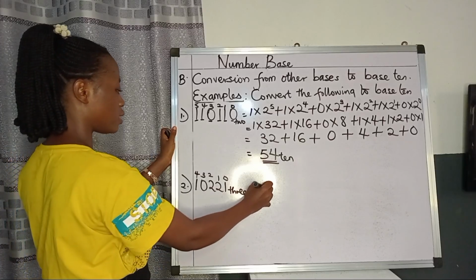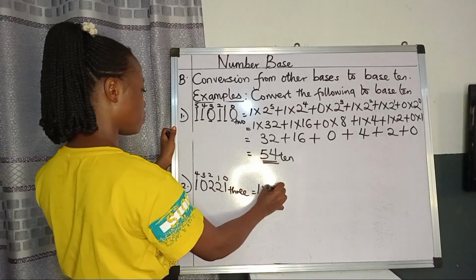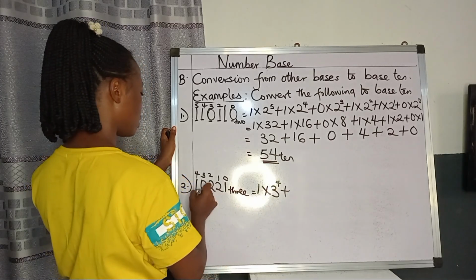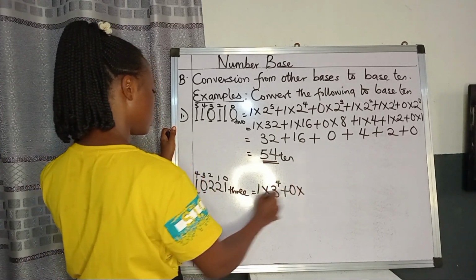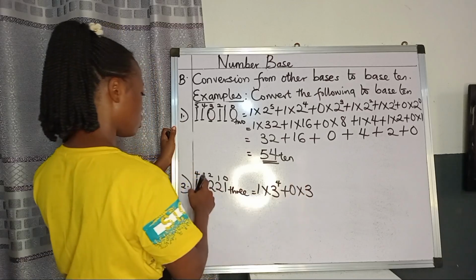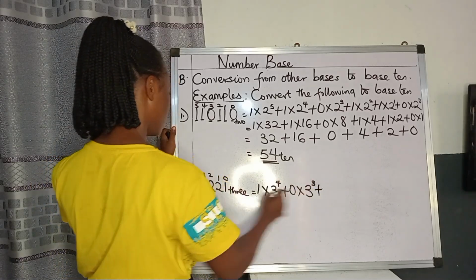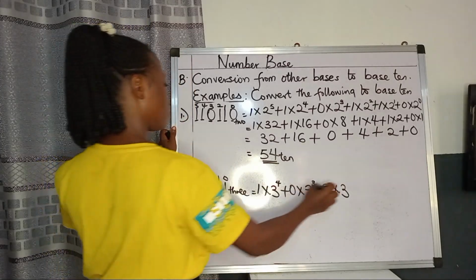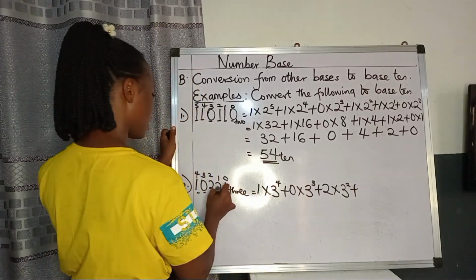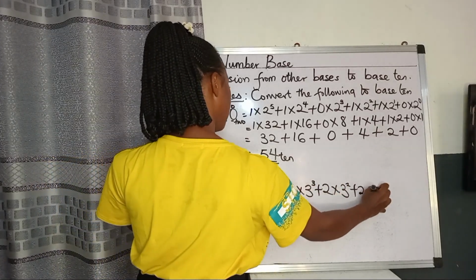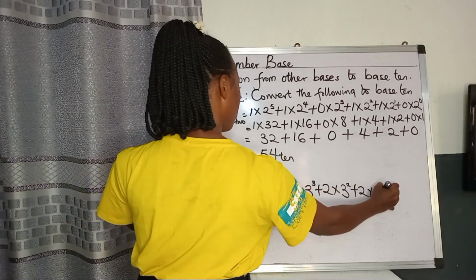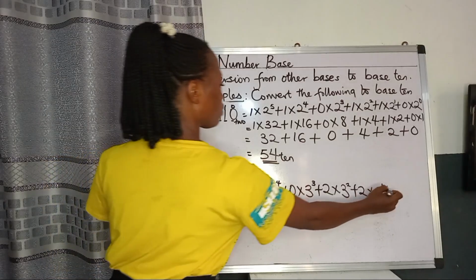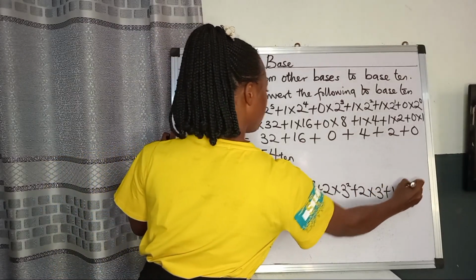Now we are taking the first digit multiplied by the base, which is base 3, raised to the power of 4, plus the next digit, which is 0, times the base raised to the next power, plus the next digit, which is 2, times the base raised to the next power, plus the next digit, which is 2, times the base raised to the next power, plus the next digit is 1, times the base raised to power 0.